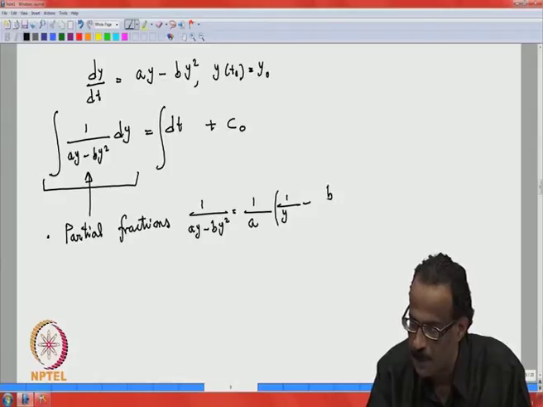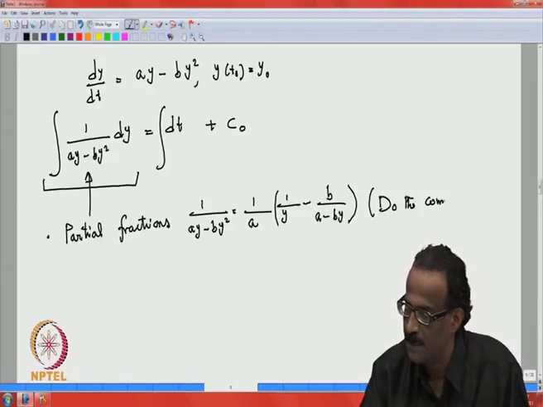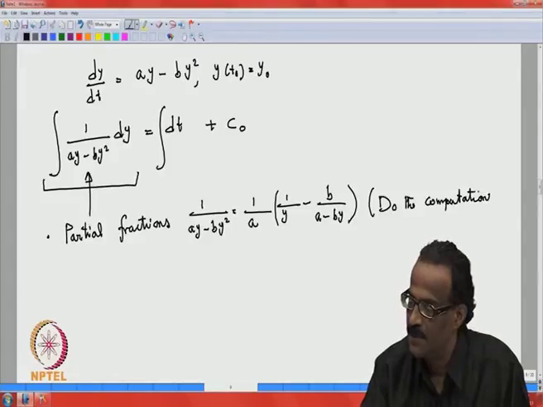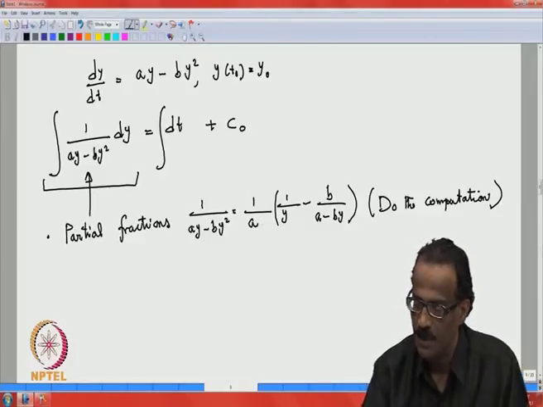Do the computation, it is an exercise. Whatever I am leaving are part of the exercise which you should do. Instead of writing the exercises at the end, we will write the exercises here. So do the computation.